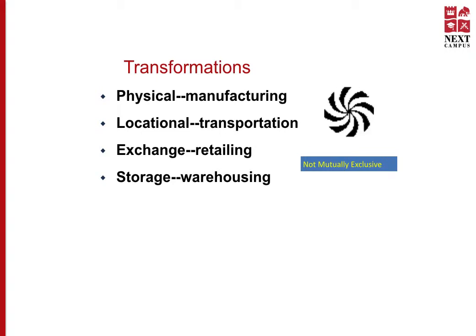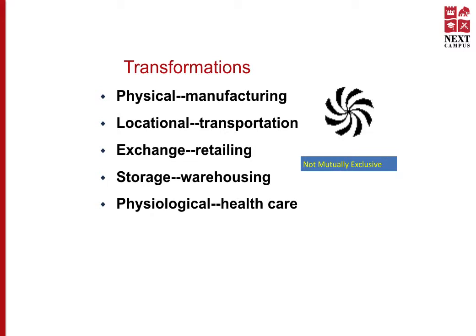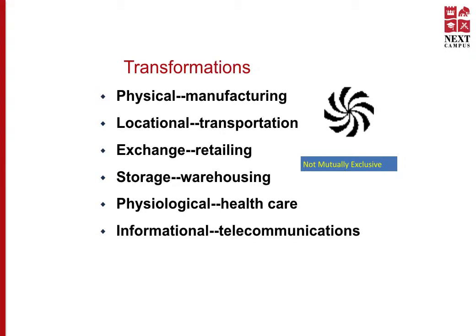You've got physical transformations, which is manufacturing, locational transformation, which is transportation, exchange transformations, which is retailing, storage transformations, which is warehousing, physiological transformation, which is healthcare, and informational transformation, which is telecommunications.